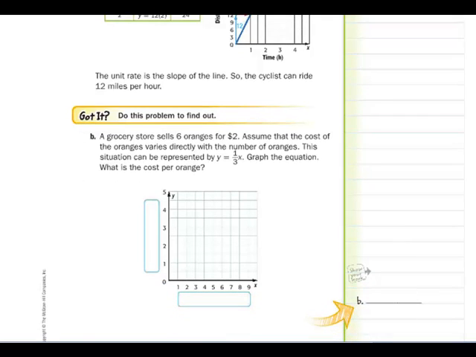So it says right here that the cost varies directly with the number of oranges. So the cost varies directly. Remember, y varies directly with x. So the first one that's mentioned is our y. So that is the cost.